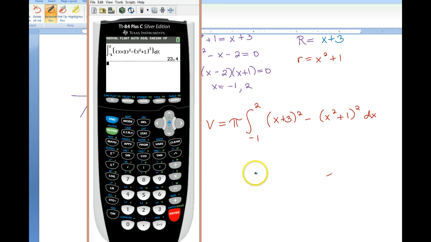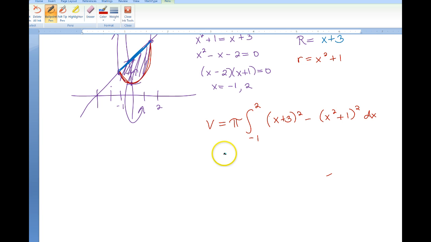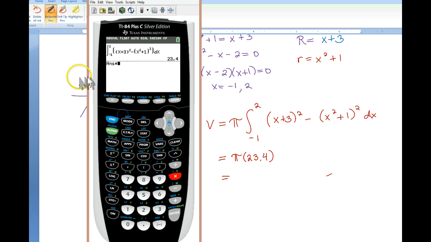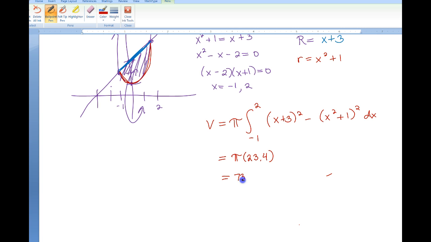So we get 23.4 times pi, and we get about 73.5.